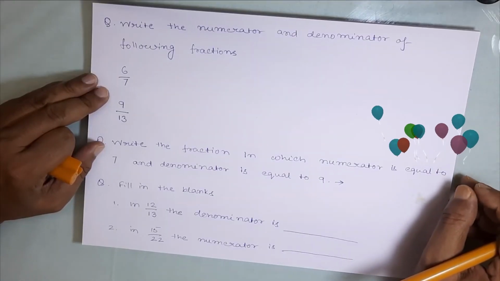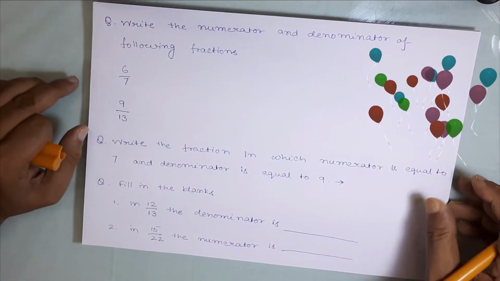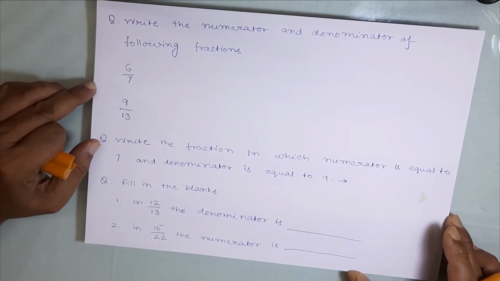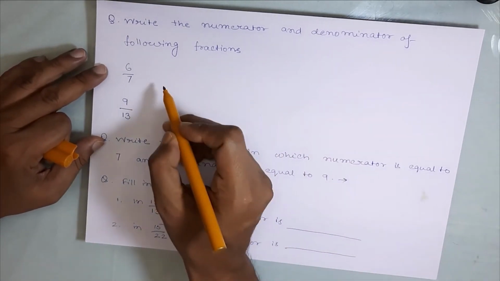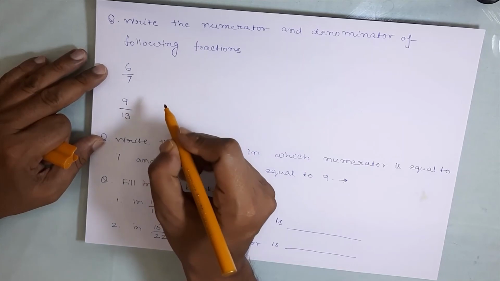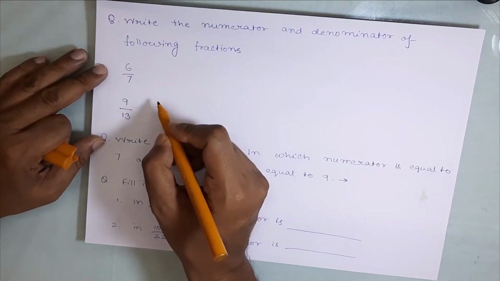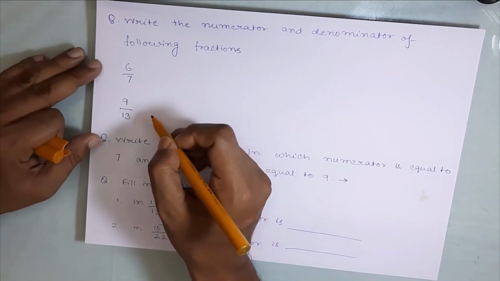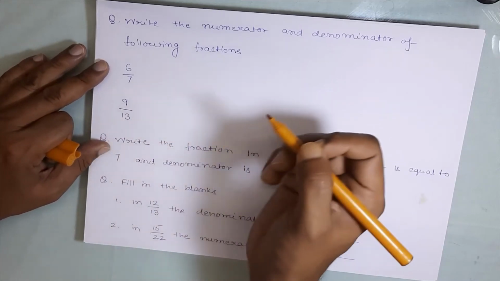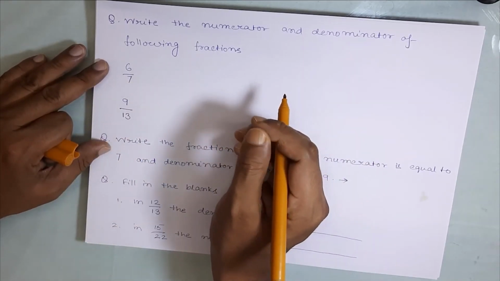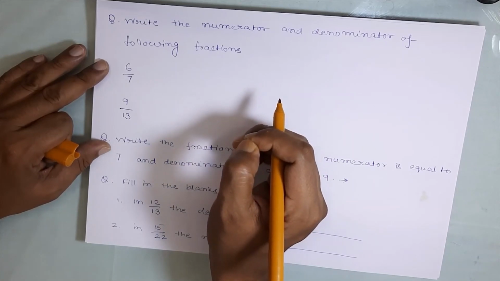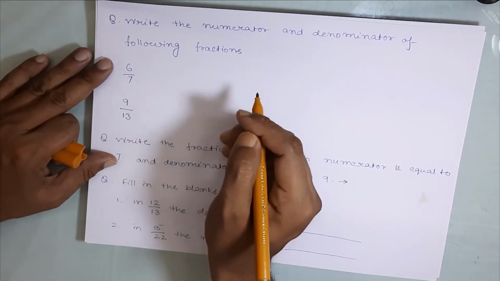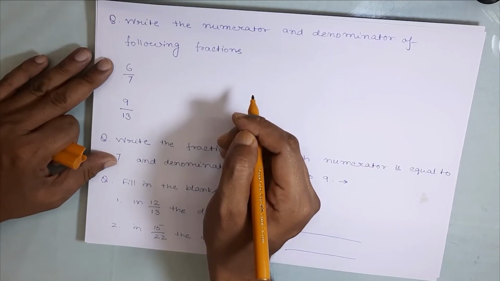Write the numerator and denominator of the following fractions. We have discussed this multiple times in multiple slides, sections and sessions, so we are now pretty clear what exactly a numerator is and what exactly a denominator is. If there is a fraction, there will be two numbers.